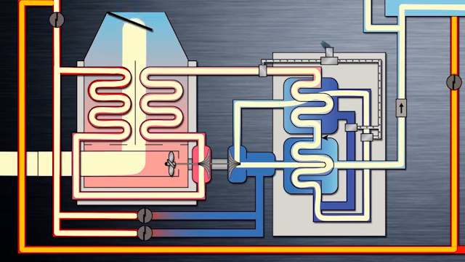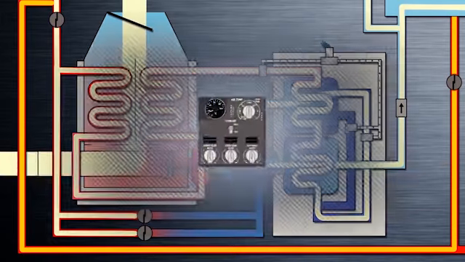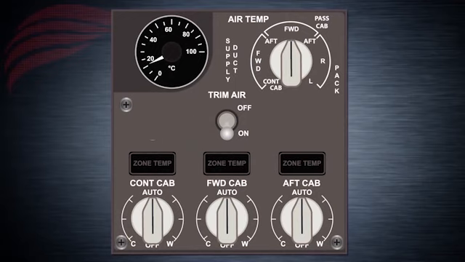It may also be shut off by the trim air switch in the air conditioning panel, which has the following positions. On. The trim air PERSOV, or pressure regulating and shutoff valve, opens, and each individual cabin zone trim air valve is enabled. Off. The trim air PERSOV closes, and each individual cabin zone trim air valve is disabled.